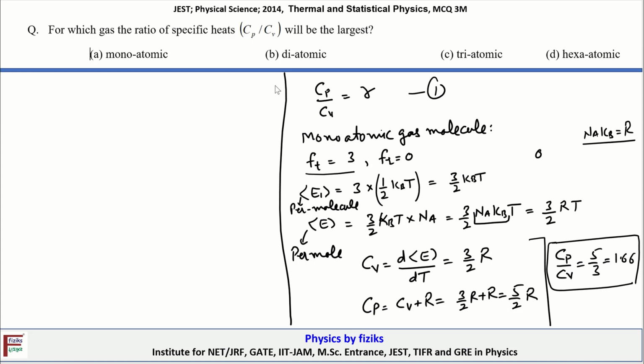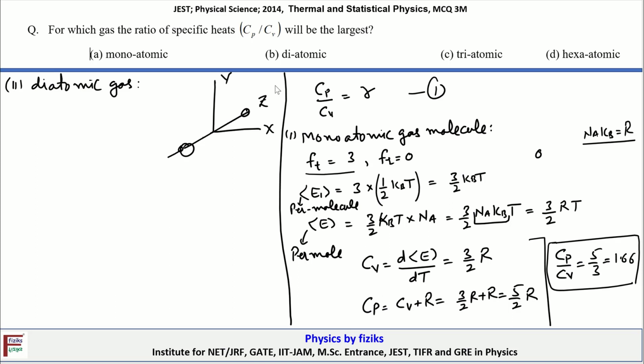By following exactly the same procedure, one can evaluate the gamma value for the diatomic gas molecule. If we just consider one single gas molecule, let's label the axes as x, y, and z.